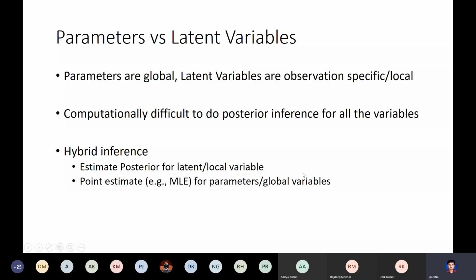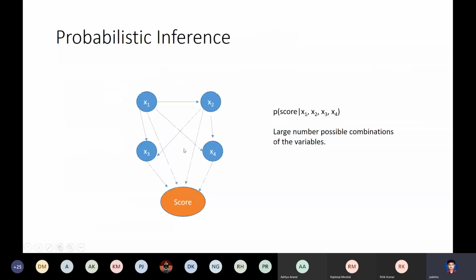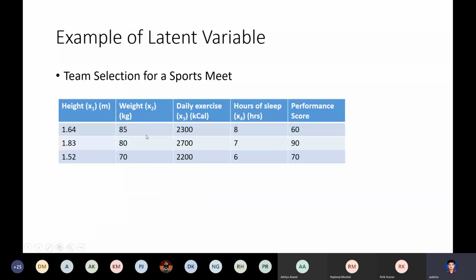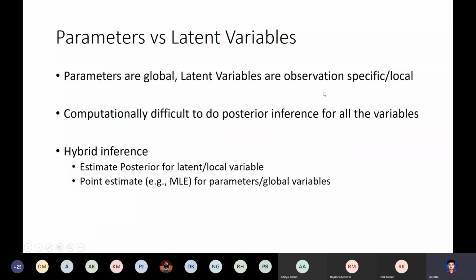For example, we talk about fitness of a single person, fitness of a single row. Whereas if we fit a Gaussian to this entire data, the mu value is the mu value for all the examples. Okay, so latent variables are local or specific to an example, whereas parameters are global.